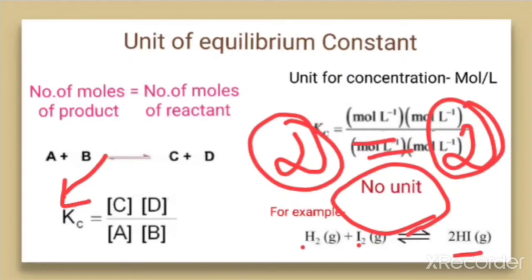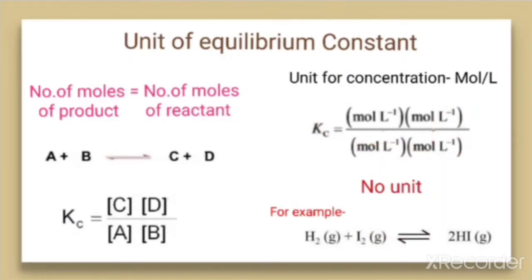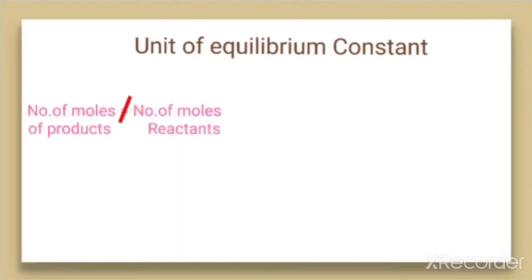So for such type of reaction, where the total number of moles of product is equal to the total number of moles of reactant in a balanced equation, the value of Kc will have only the numerical value. There will be no unit for it. But there are some equations in which the number of moles of product is not equal to the number of moles of reactant. Let us take one general equation, D giving rise to A plus 2B.